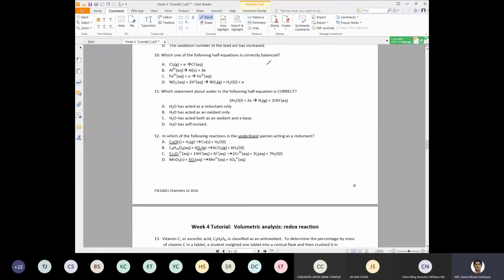Which one of the following half reactions is correctly balanced? Okay, so chlorine is taking 1 electron and then it becomes chloride ion, right? So this is not the answer.